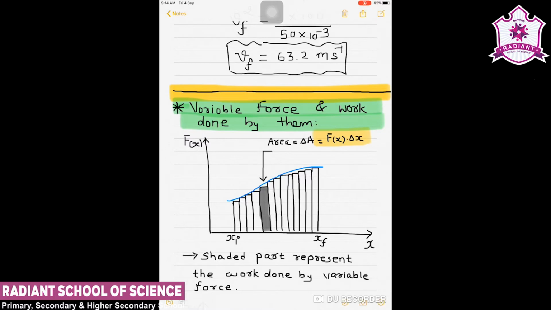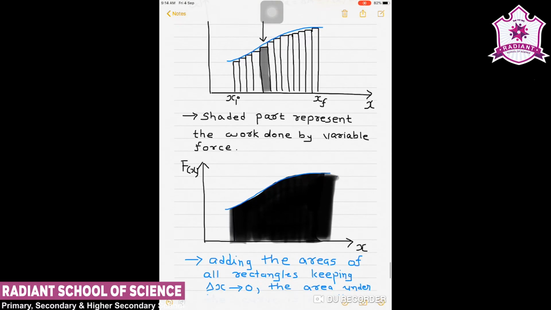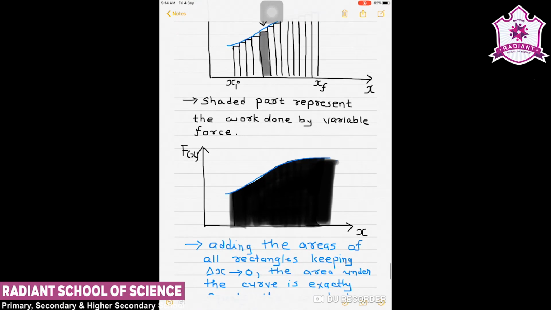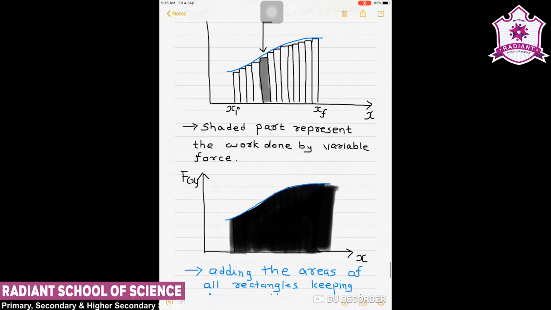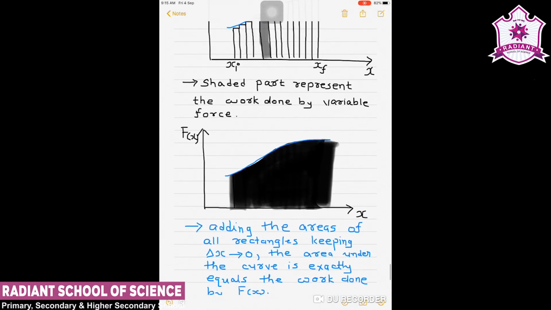When we add all these small rectangular areas and combine them, the total work done is equal to the overall area under the curve.